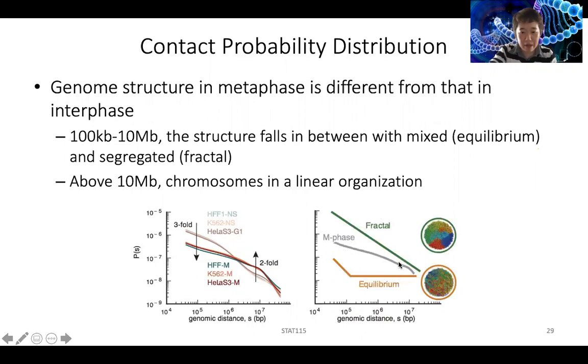This is the M phase during metaphase. This is the purely equilibrium. So it's in between the fractal and the equilibrium. You lose the TAD, you do lose the compartment, but the cells still try to organize the chromatin a little bit in the M phase. So it's not completely equilibrium. It's in between the two.